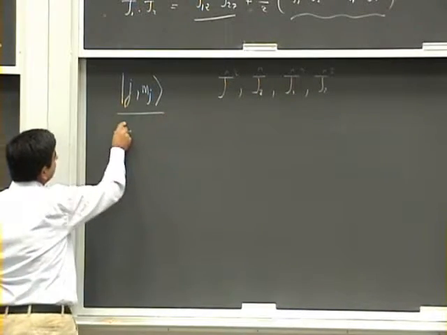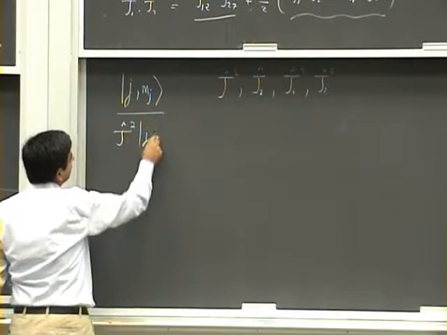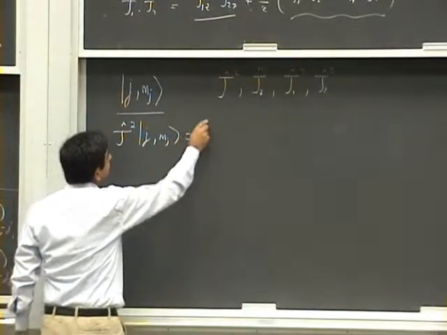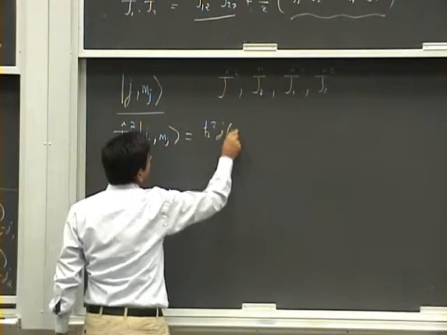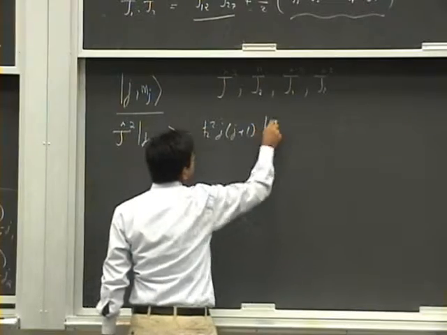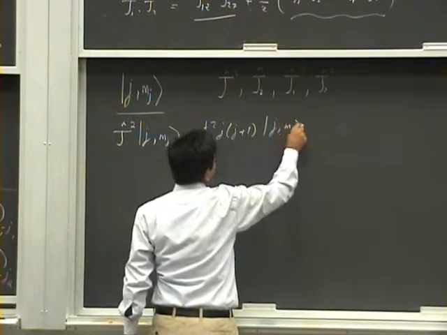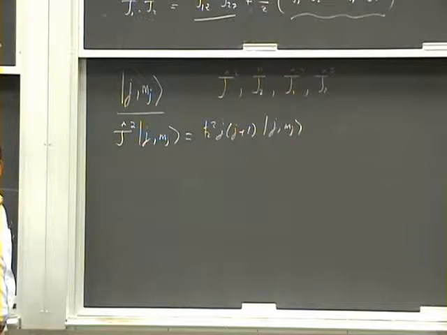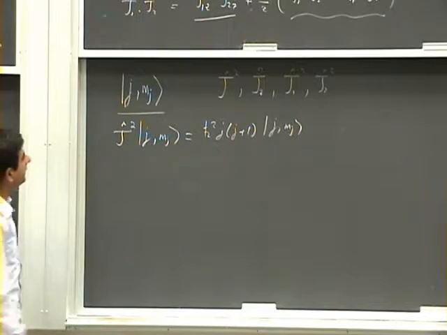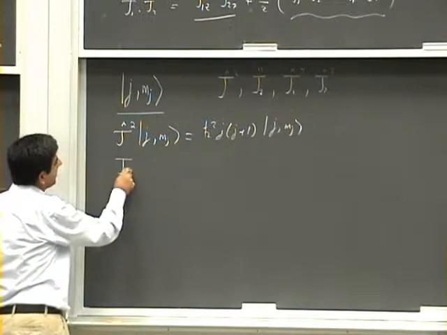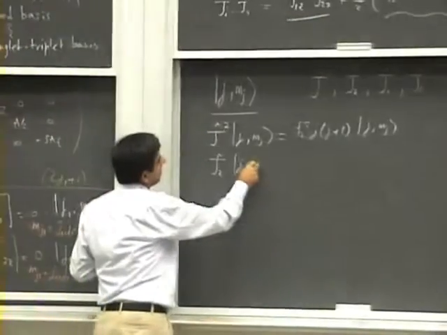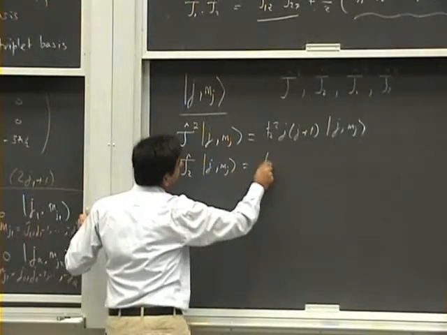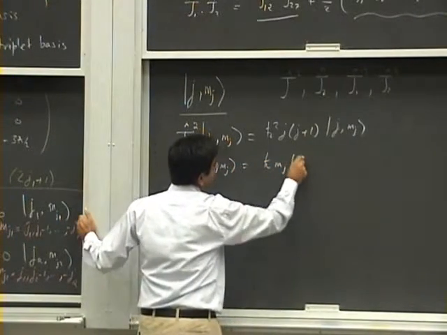If I have J squared acting on |j, mj>, my result will simply be h bar squared j(j+1)|j, mj>. Correct? If I have Jz acting on |j, mj>, my result will be h bar mj |j, mj>.